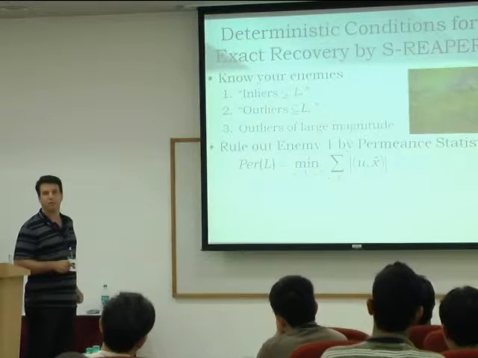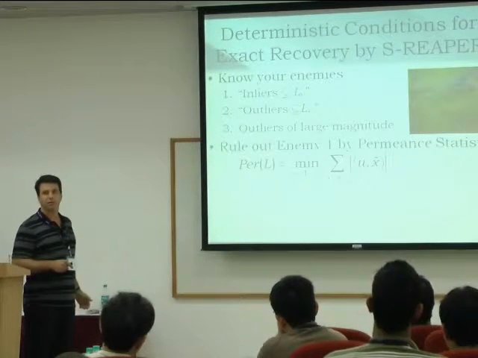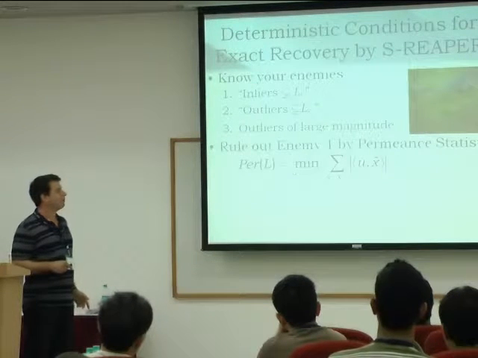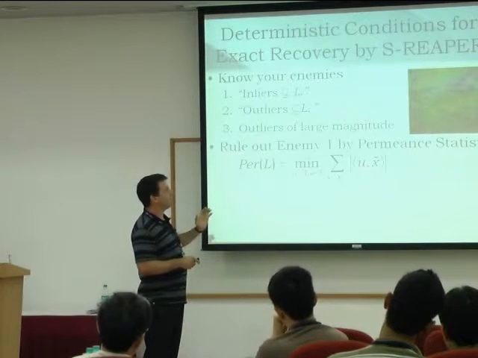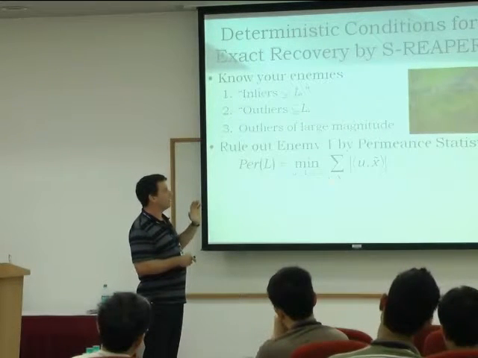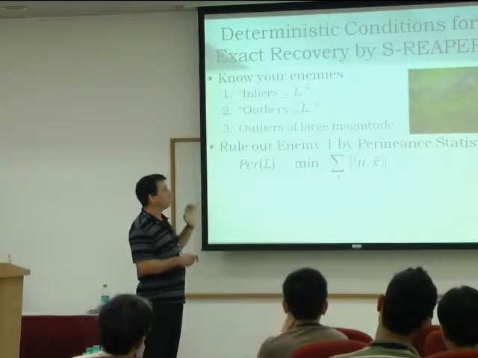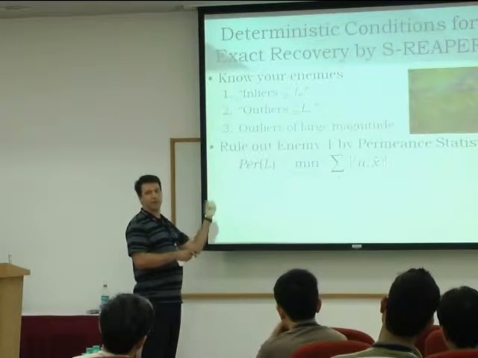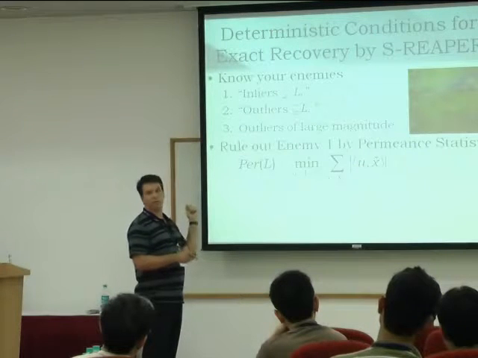So let me ask you, when can the permeance be 0? Think of data for which the permeance is 0. Suppose I'm looking for a plane, so L star is a plane, but all the inliers are on a line. Then I can find a vector orthogonal to it, and these will all be zeros.